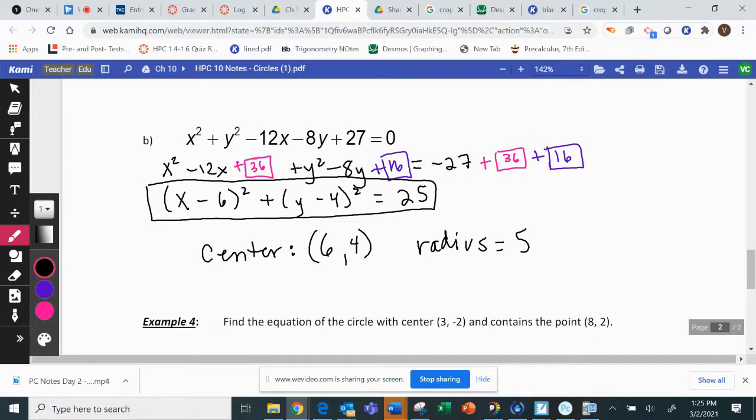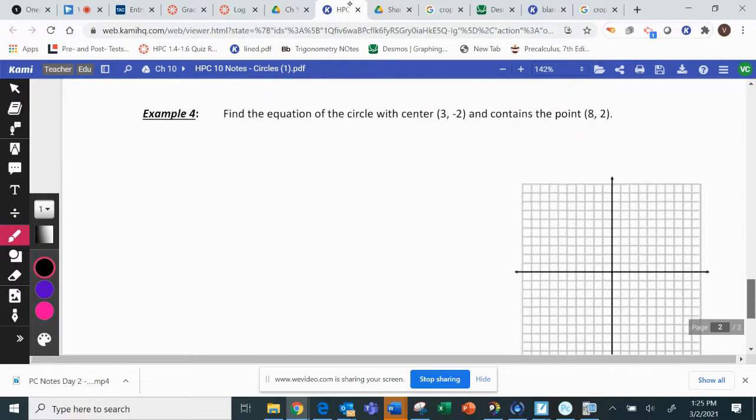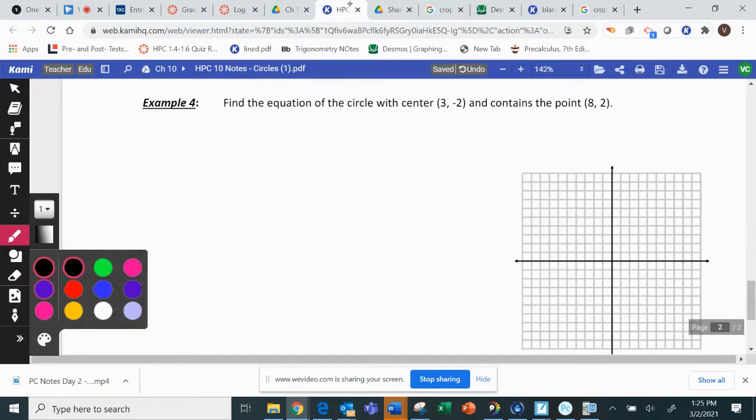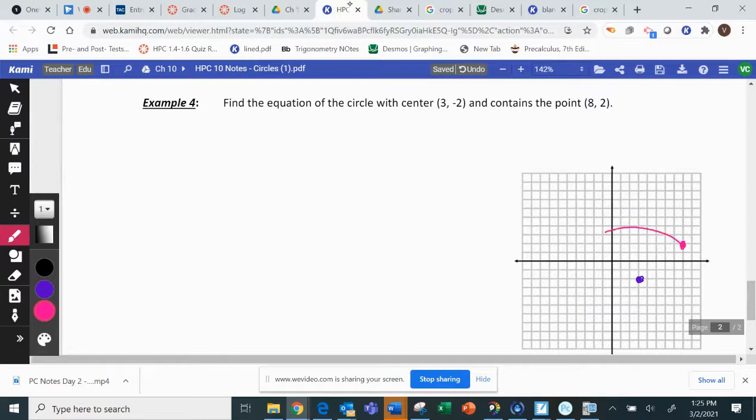So for example 4, I threw a graph in there just in case somebody needed to picture what was going on. We have a circle with a center at 3, -2. And it says it contains the point 8, 2. That means the circle is passing through that point 8, 2. So that's going to give me a way to find the radius.